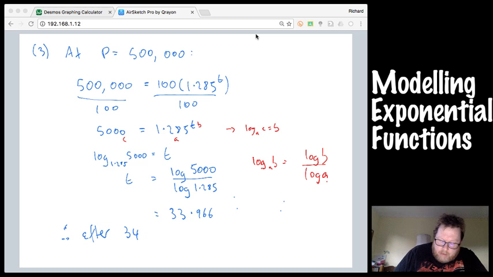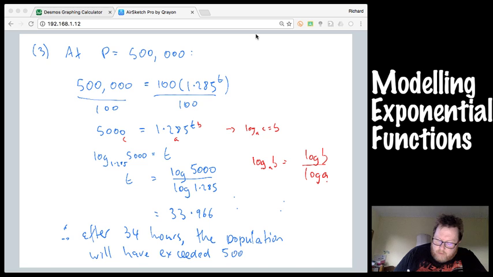Try that again. After 34 hours, the population will have exceeded 500,000. Okay, so that is basically question 3 done.